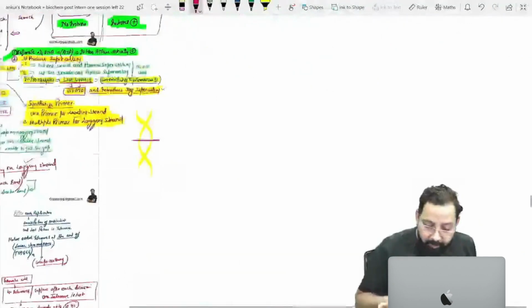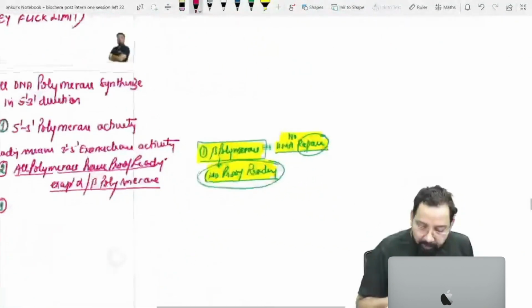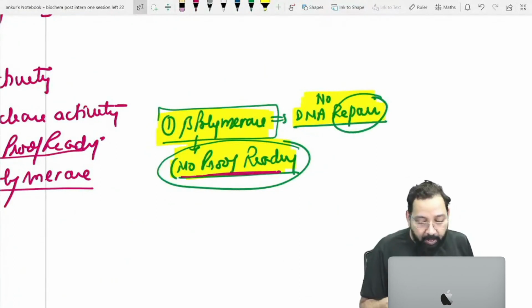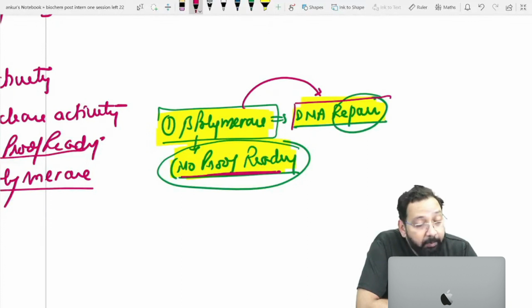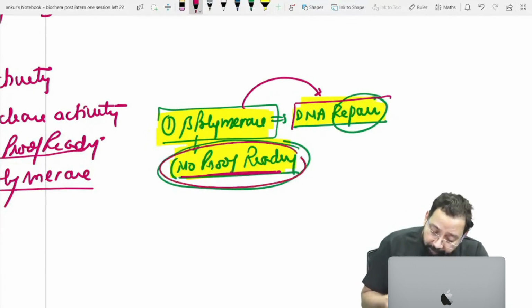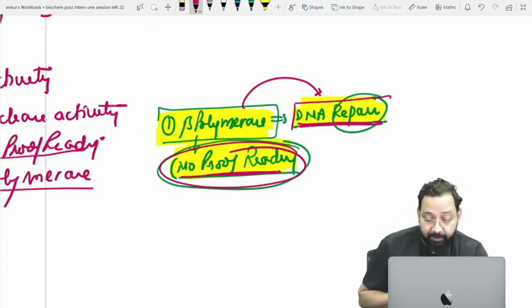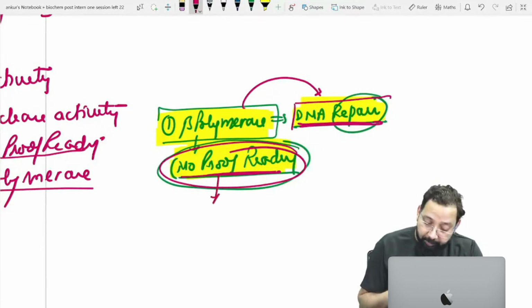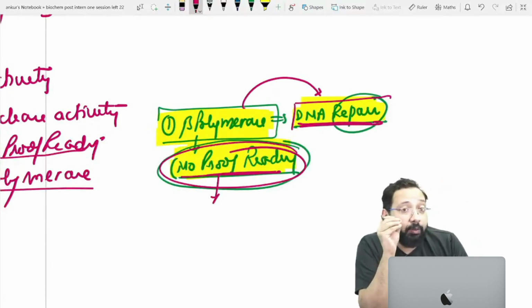Yes, DNA beta polymerase has no proofreading, and it's confusing. Does beta polymerase do DNA repair, yes or no? Yes. So is it possible that it has no proofreading and it can do DNA repair? Yes. DNA repair is different from proofreading. Proofreading means you committed a mistake and you corrected yourself.